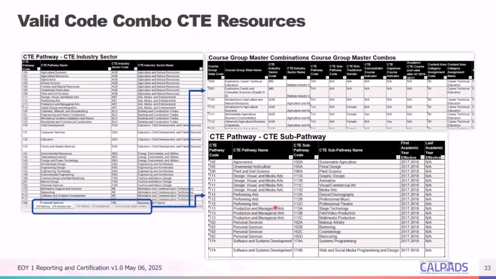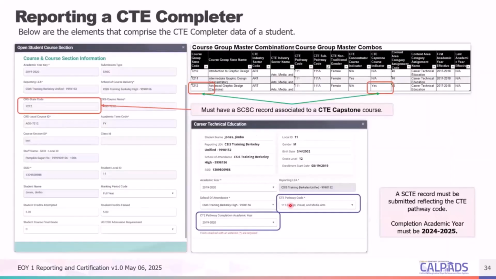In the valid code combinations document, you have here the course group master combo, and then the CTE sub pathway. When you report a CTE completer, you have to account for three things. Number one, you should have a CRSC record representing the state course code of the capstone course.